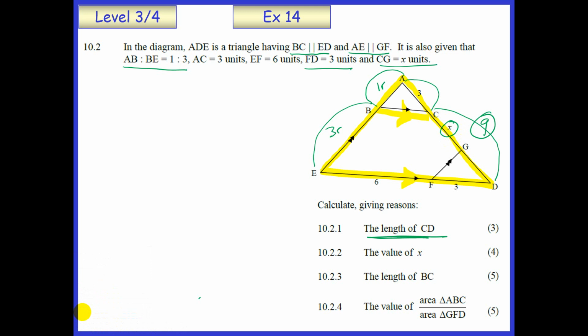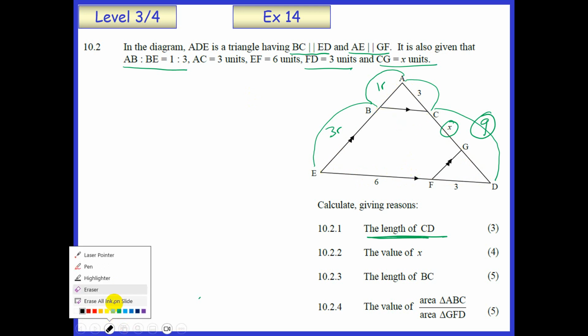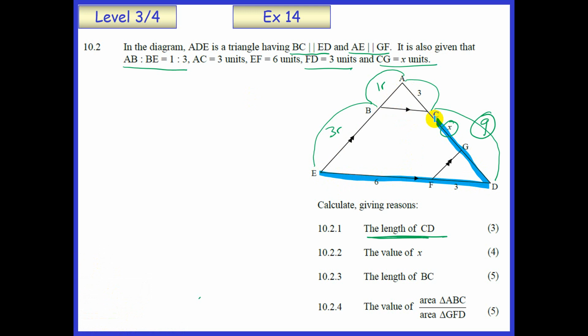So the sides I want to look at, if we're looking at this diagram, we can look at DG over GA. So I'm going to quickly take out the highlighter and now highlight a different triangle for you that you'll be able to see. It's the same triangle, but now I'm going to look at GF is parallel to AE.